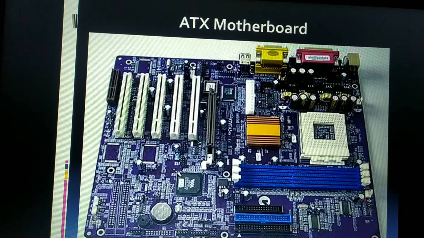Okay. Then it also has the primary and secondary IDE interfaces. Here IDE stands for Integrated Drive Electronics port. Usually IDE devices like CD-ROM drives or hard disk drives are connected to the motherboard through the IDE port.